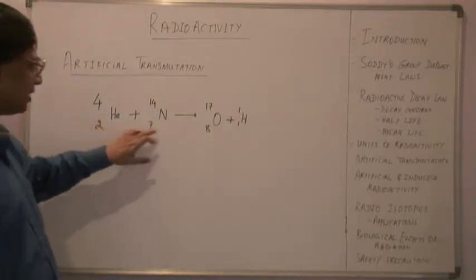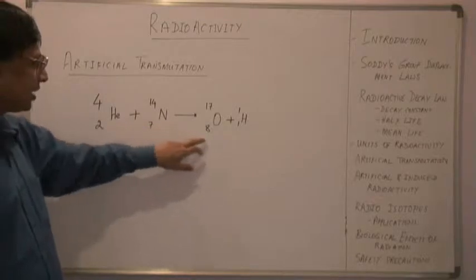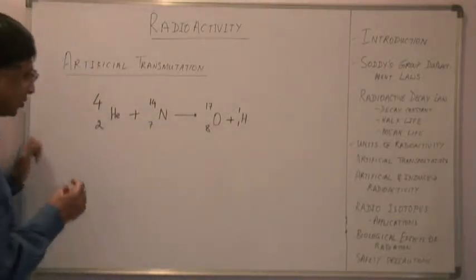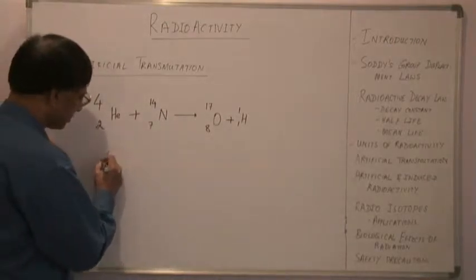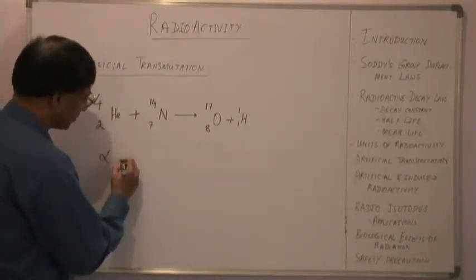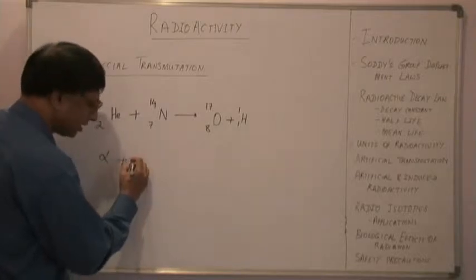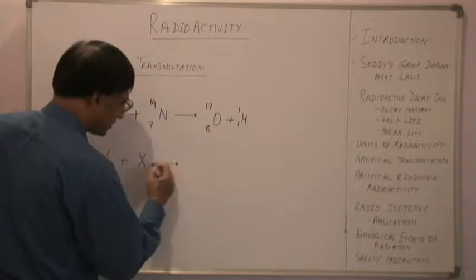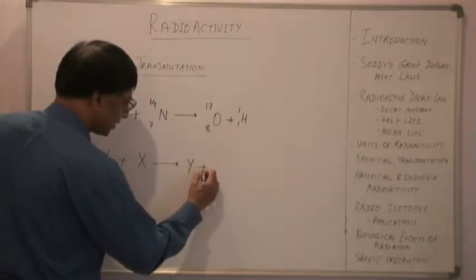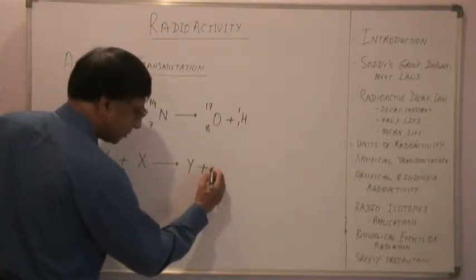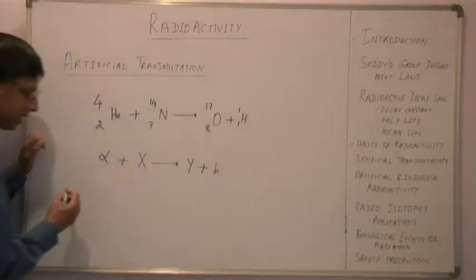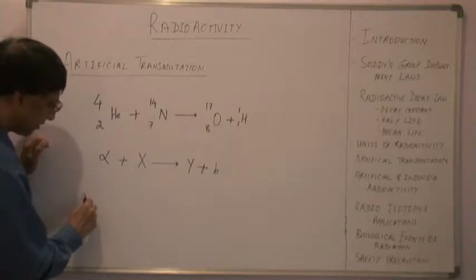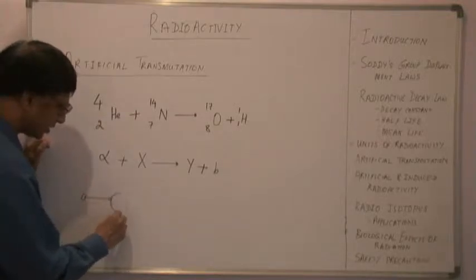Here I have an alpha particle hitting a nitrogen nucleus, and the result is an oxygen nucleus and one proton. If I generalize this, an alpha particle impinging on a nucleus of type X would result in a nucleus of type Y plus B, where B is another particle. In a diagram, this is the alpha particle hitting the nucleus here.